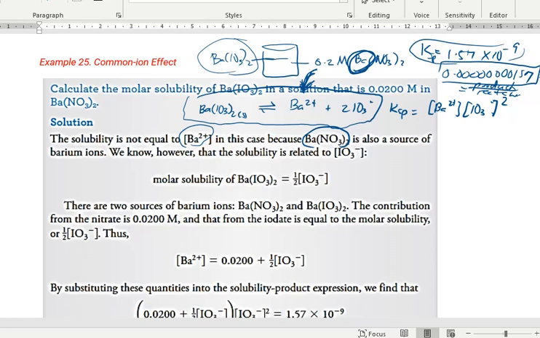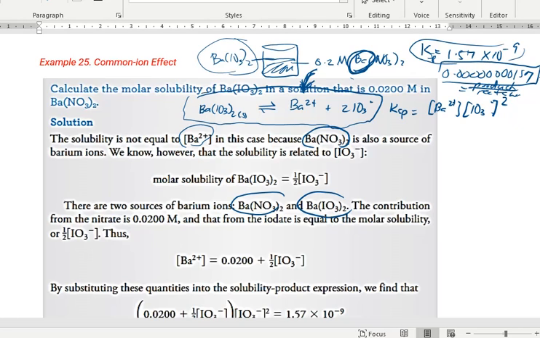So this is the solution, right? And for your info, class, all nitrates are soluble, which means that barium nitrate is soluble in water, so it dissolves in water. Okay? So there are two sources of barium ions: barium nitrate and barium iodate.